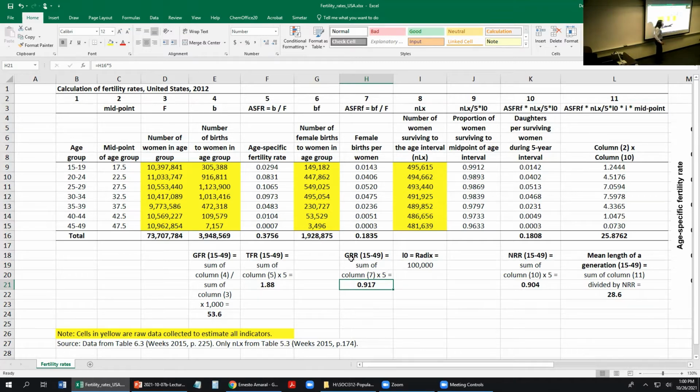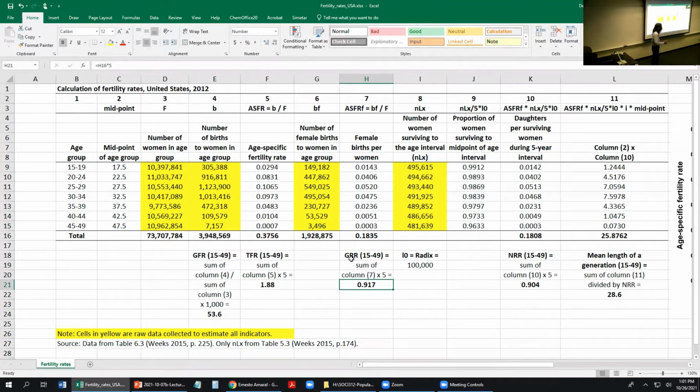So if no woman died, there was no mortality until they reach 50. Let's say that the women start to die in this population just when they reach 50. So all these numbers here would have been 500,000, right? But mortality happens.